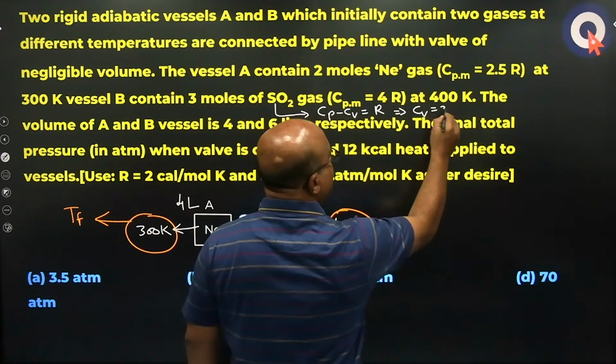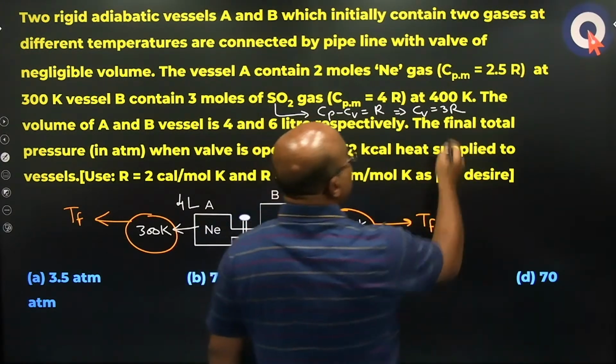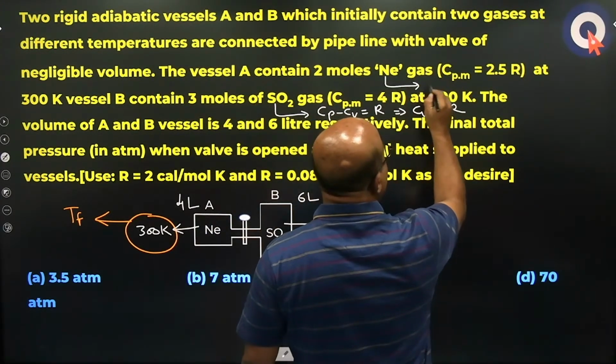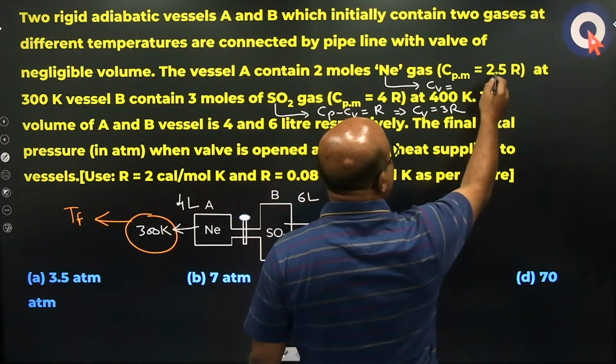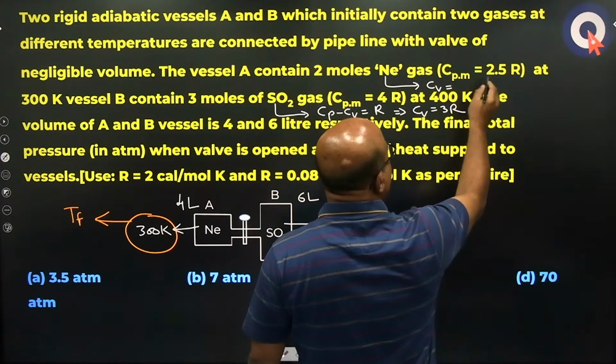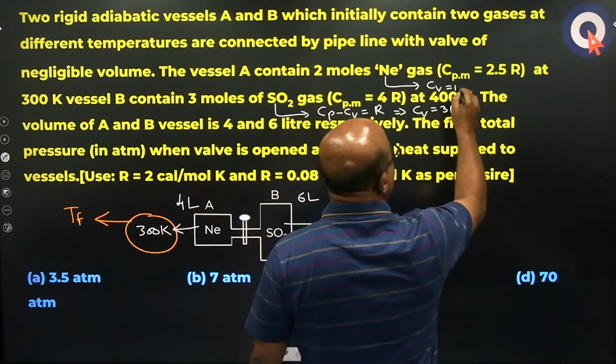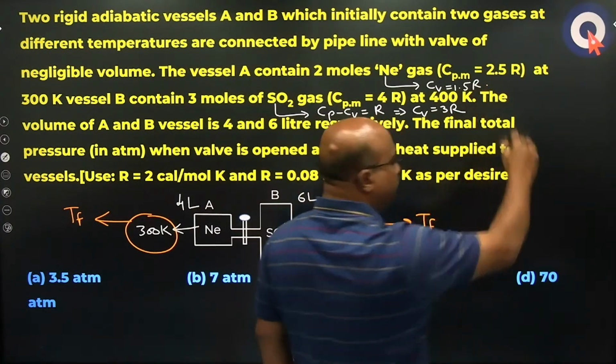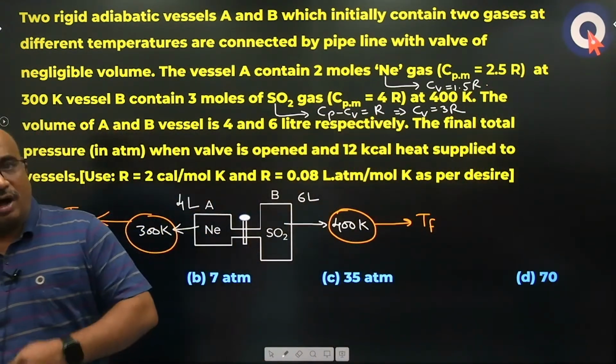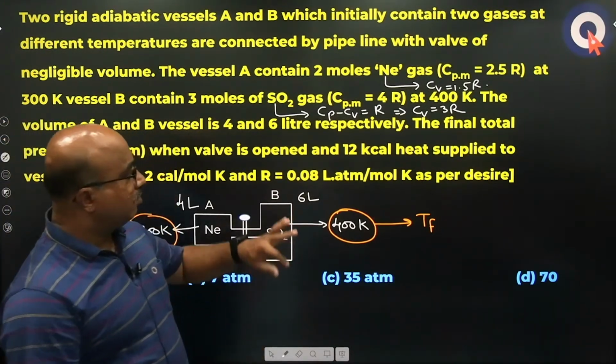For the other gas, CV is 2.5R minus R, so it will be 1.5R.